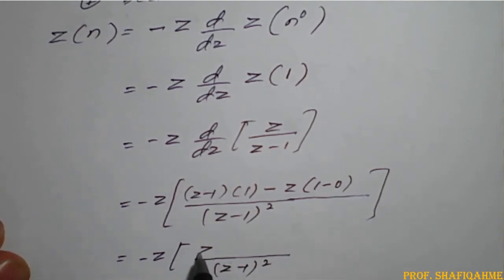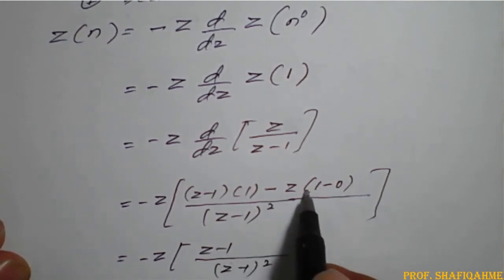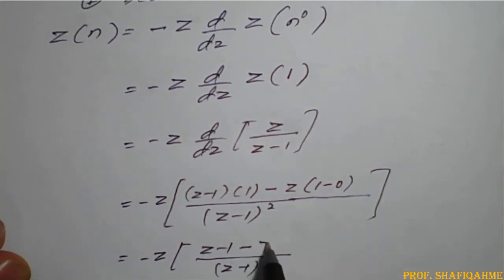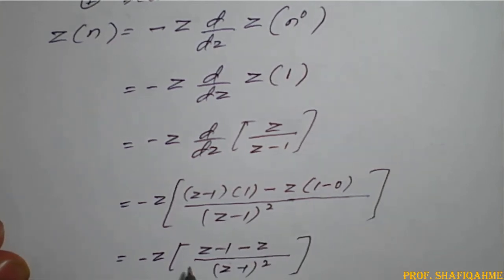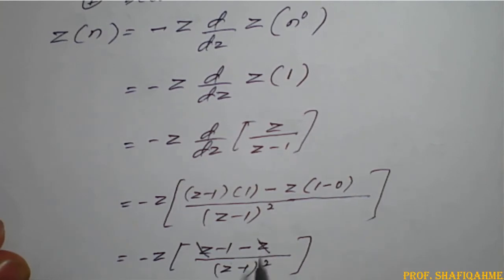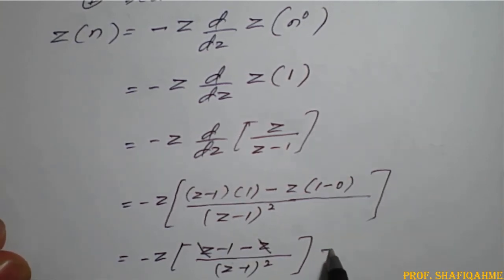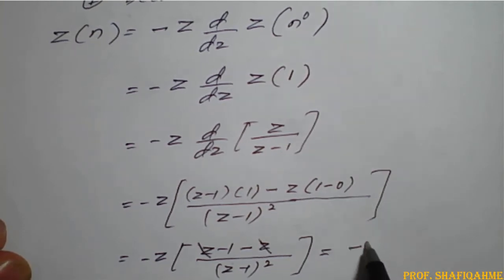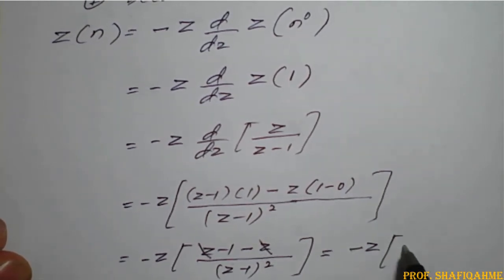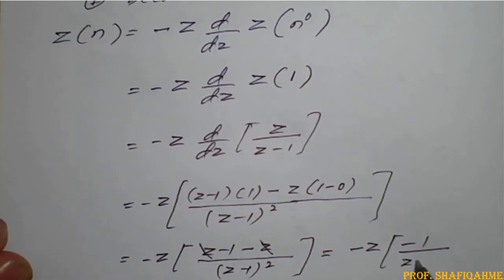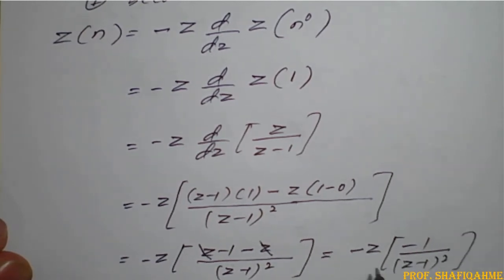So open the bracket, z minus 1, open the bracket, minus z. So plus z minus z cancels, and we'll get minus z into minus 1 divided by z minus 1 whole square.